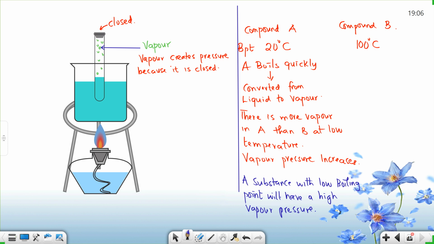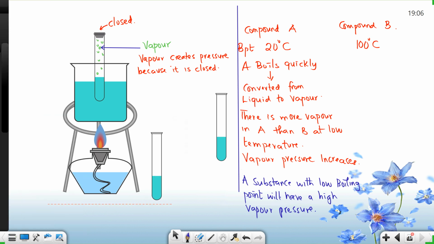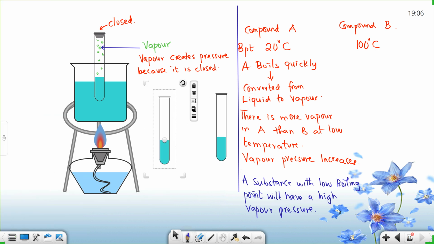If I were to have two test tubes, let me try to get two test tubes quickly. If I were to have two test tubes, all right, of A and B, this is A and this is B, maybe at 20 degrees Celsius. This is already boiling. There's a lot of vapor here. Lots of vapor.